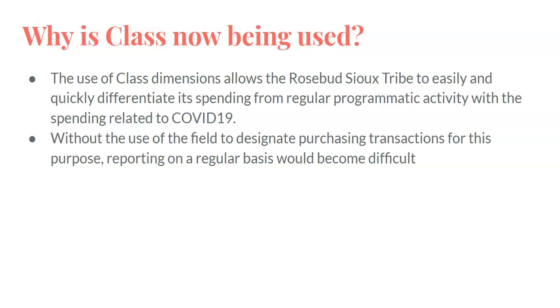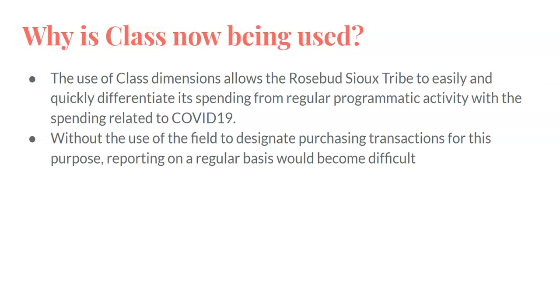The tribe has received special funds related to COVID-19, so those funding sources are capable of producing their own reports for that spending. But for the rest of the money and the rest of the funding sources we have, we may not be able to report on that unless we flag that during the purchasing process.